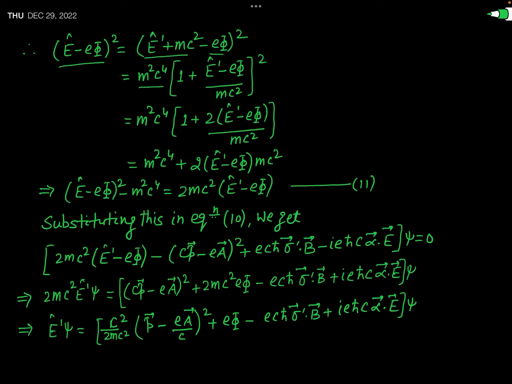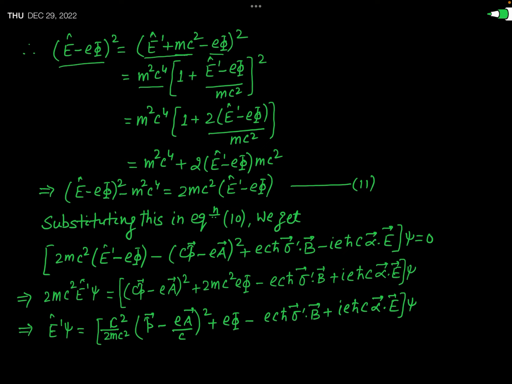Now, take this m square c4 as a common factor. As this mc square is present inside this square, when we take this mc square outside of the bracket, there will be m square c4. Are you getting the things or not? mc square is inside the bracket, and over the bracket there is a power 2.